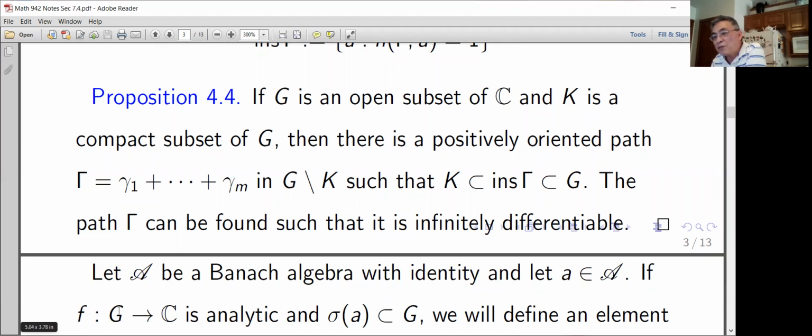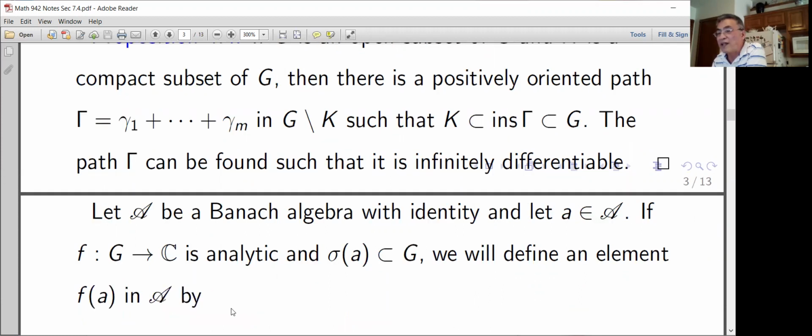If f from G to C is analytic, and the sigma of A is in G, we will define an element f(A) in script A. Now, please, this is very crucial.